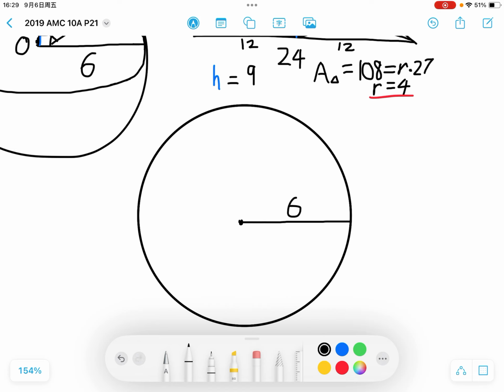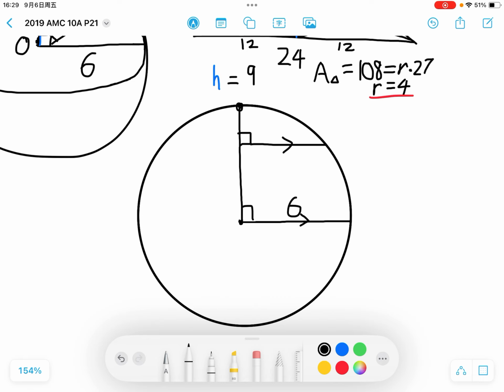Then somewhere along this line from the top point of the circle, which is also 6, let's say from this point to the side of the circle, we know that these two sides are parallel because this is 90 and this is 90, because they're both circles within a sphere.